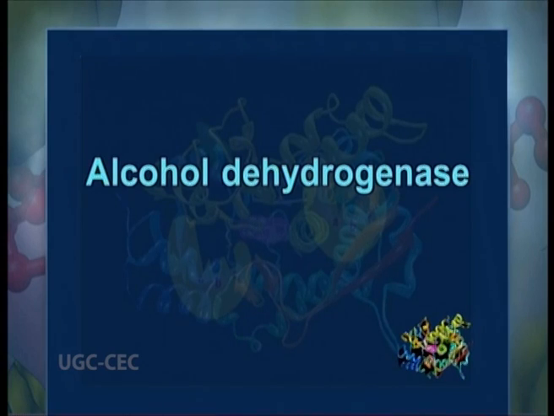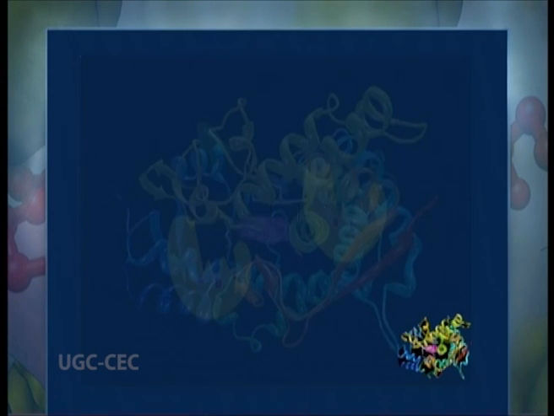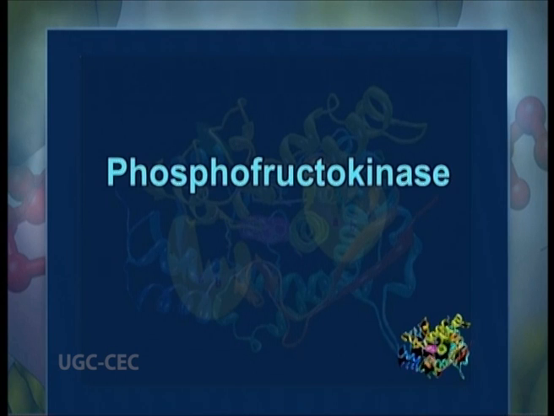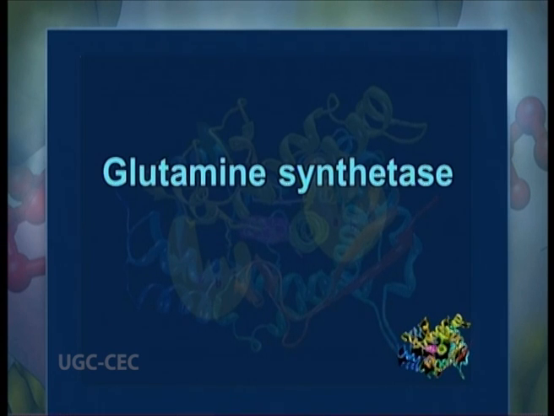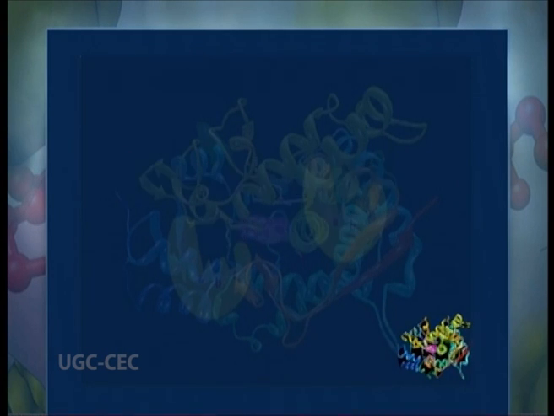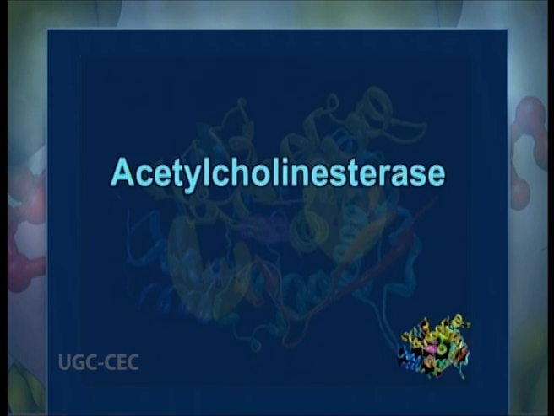the list. Common names and EC numbers of some enzymes are alcohol dehydrogenase, EC number 1.1.1.1, phosphofructokinase, EC number 2.7.1.11, glutamine synthetase, EC number 6.3.1.2, acetylcholinesterase, EC number 3.1.1.7.